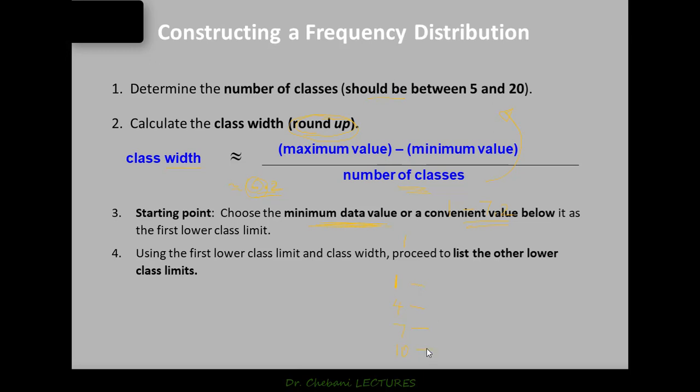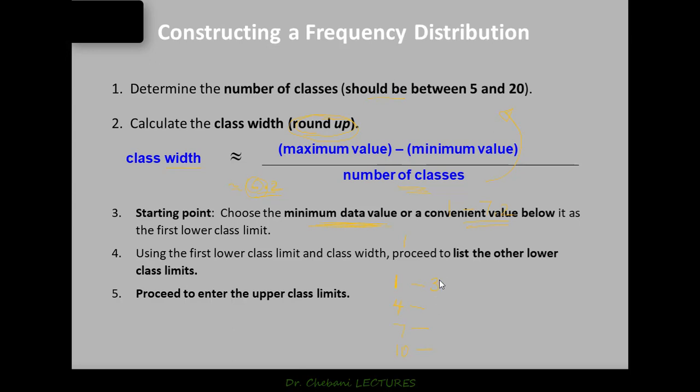And then you would proceed to list the upper class limits by following more or less the same procedure. If the first lower class is 1 and the second lower class is 4, it means that the upper class limit of the first class is 3. And then since our width is 3, we keep on adding 3 to determine the subsequent upper class limits.